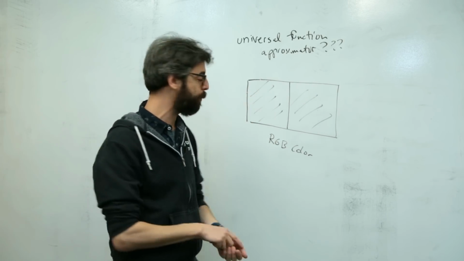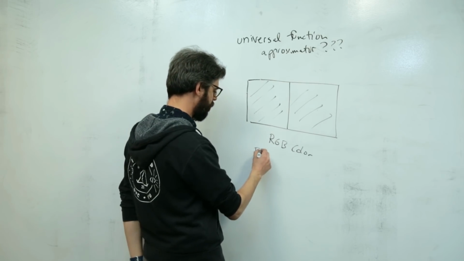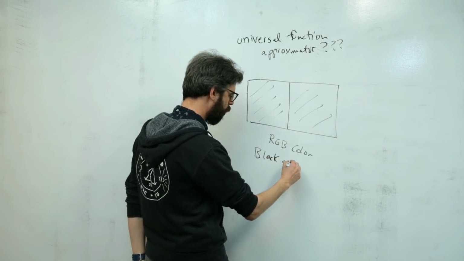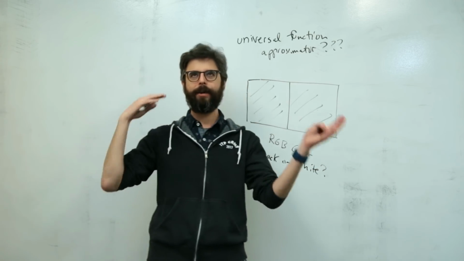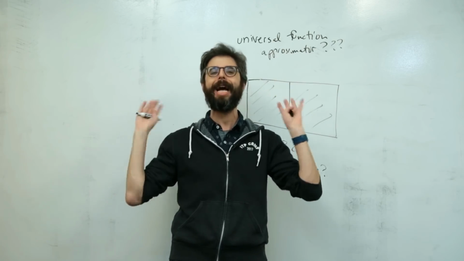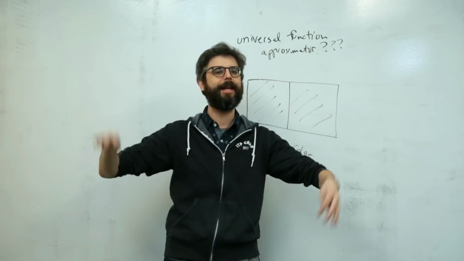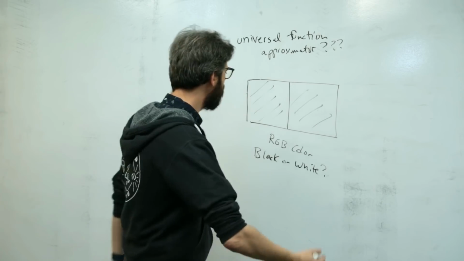But I'm just going to ask a simple question. Which looks better, black or white? We could get into a whole discussion of perception and what looks better, but I just mean it in the arbitrary sense, like which is easier to read, which is more legible.